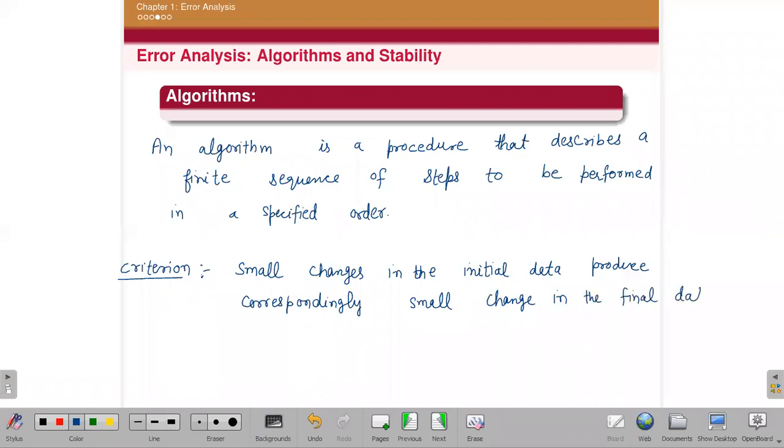So what it means, suppose I am taking a mathematical problem here, f of x.